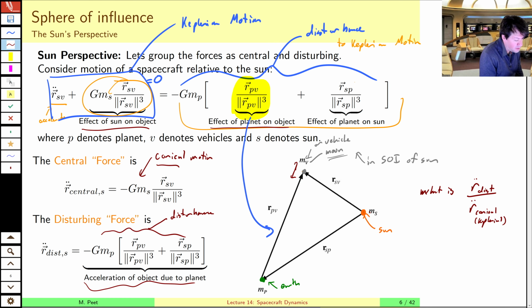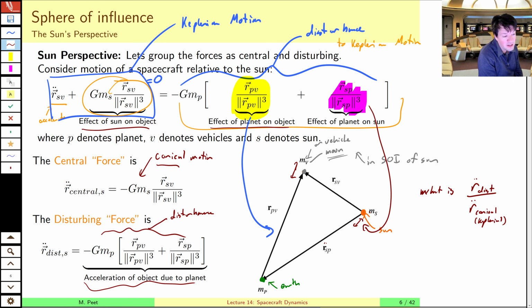That's the acceleration of the sun due to the planet. So technically, this term accelerates a little bit. There is some small motion here. The planet does exert some relatively small acceleration on the sun.